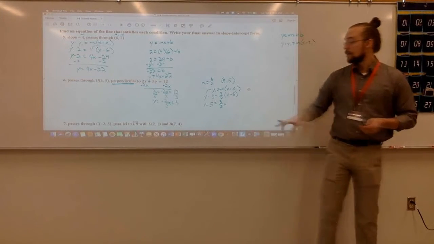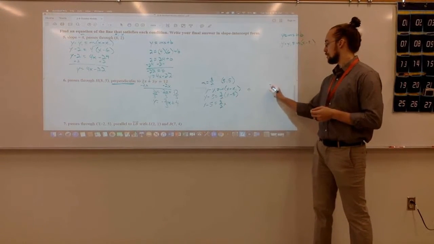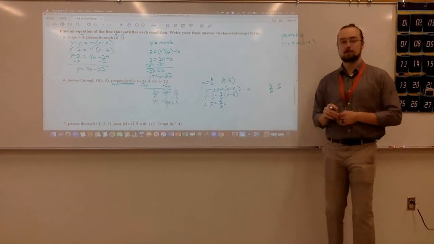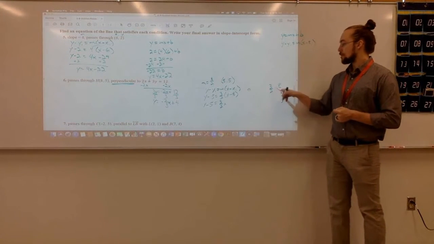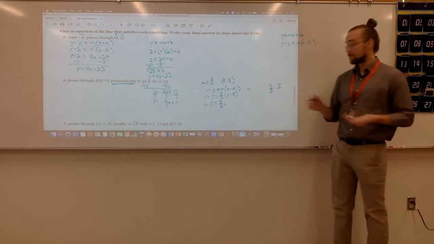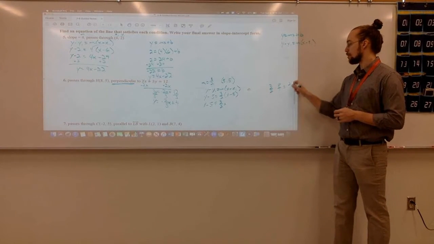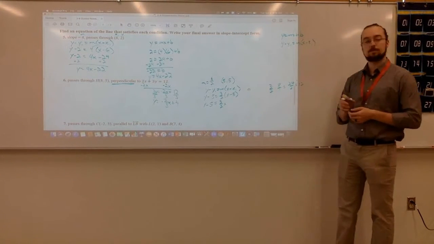To do this by hand, and you guys are an honors class, so I feel like you should be comfortable multiplying fractions. We just set this up as a fraction times a fraction and multiply straight across. So 3 times 8 is 24, 2 times 1 is 2, 24 divided by 2 is 12.